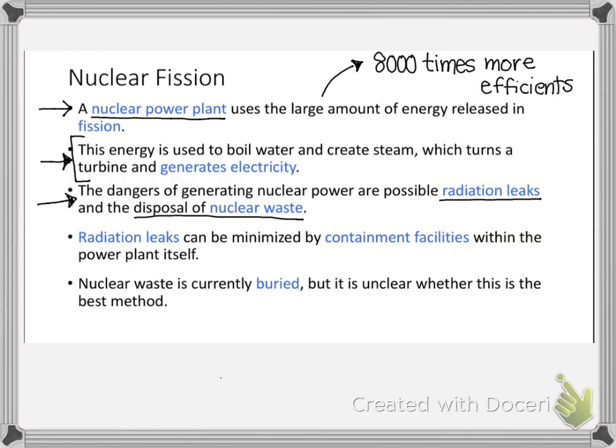And a lot of the chemicals have very long half-lives. So that really is something that's a major consideration. They can minimize radiation leaks by having, like you see here, containment facilities, investing in good infrastructure, maintenance, training of workers. So there's a lot they can do to prevent the types of things like radiation leaks.